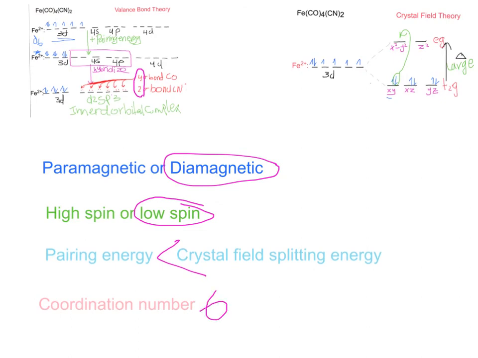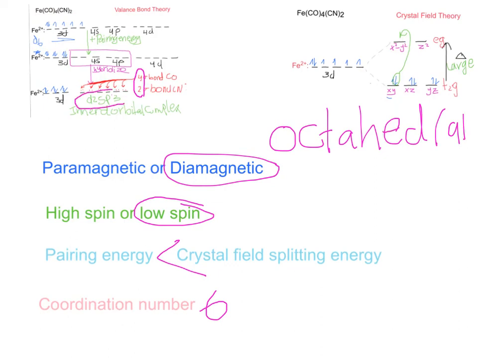We have six ligands, so that means six bonds, it's octahedral. It's octahedral, but let's make sure by looking at the hybridization state. It's d2sp3. That means yes, it's octahedral. This shape is octahedral.